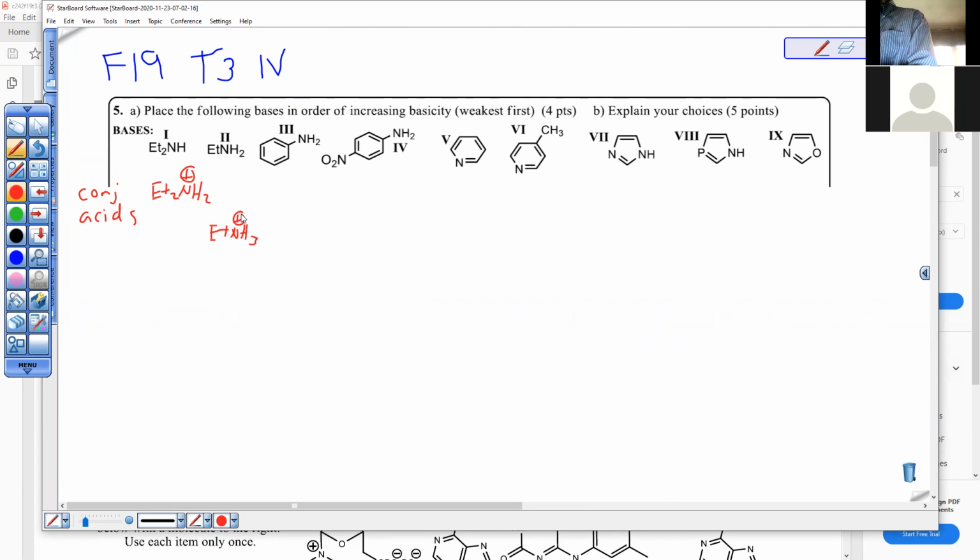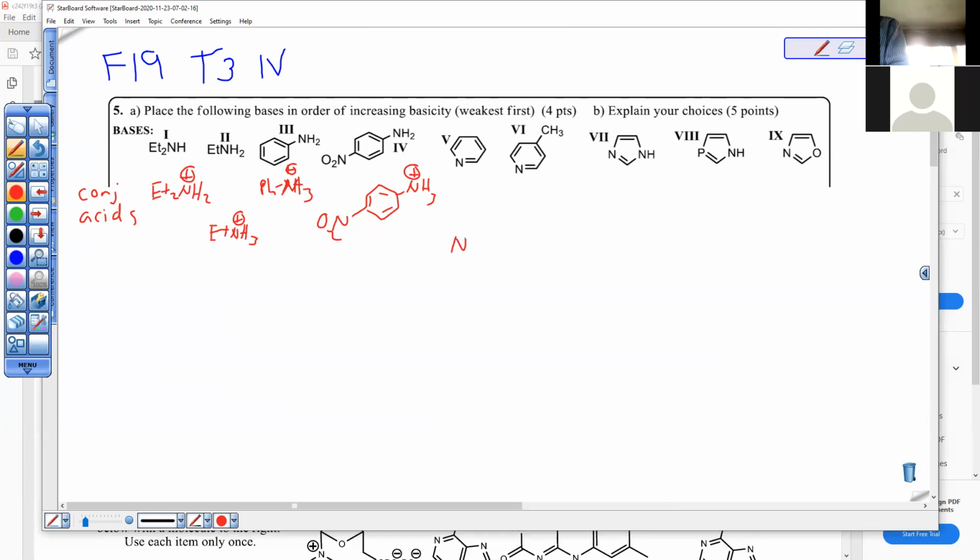Phenyl NH3 plus here. And paranitrophenyl. Just draw it out. Paranitrophenyl NH3 plus here. So far, these are the worst bases. We lost a lot of resonance with the benzene.